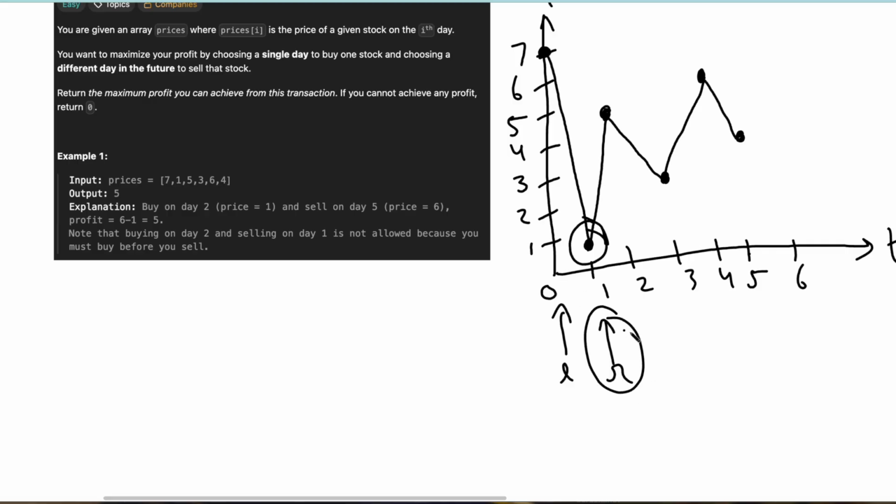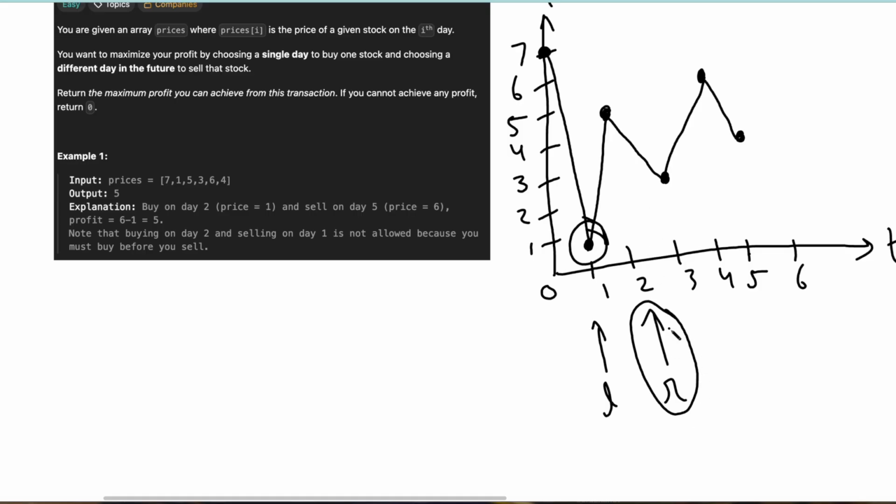If the element at the right index is less than the element at the left index, we're just going to set the left pointer to where the right index once was, and then increment the right by 1. While the element at the right pointer is greater than the element at the left pointer, we can keep going because we're always going to keep making a profit.